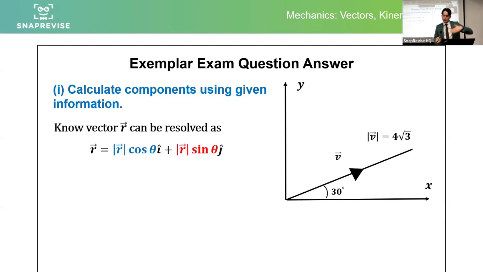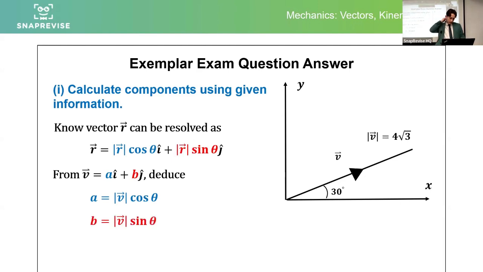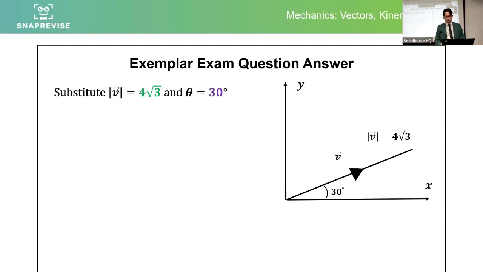So we can find the x component and the y component using SOHCAHTOA, using basic trigonometry, and then we know the kind of I and J parts. So we know the modulus is 4√3, and we know the angle is 30, and we can try and keep it nice and exact.